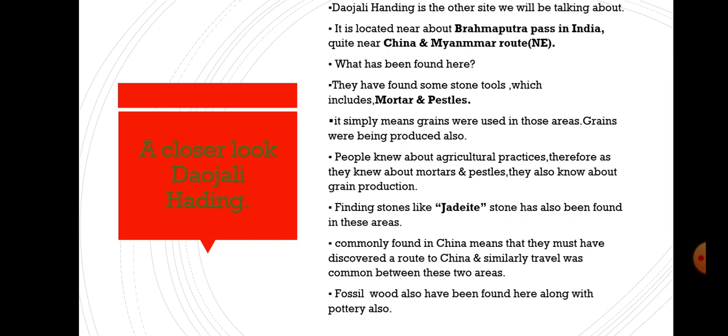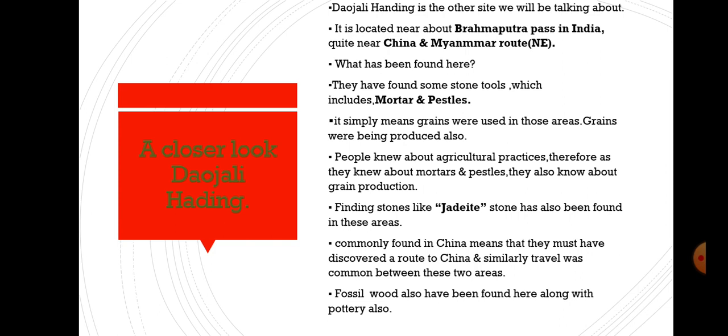And this proves that people of Daojali Hading, or people living in those areas, did practice agriculture. Therefore, as they knew about mortar and pestle, they were knowing about grains, they were knowing about agricultural practices, that means farming.